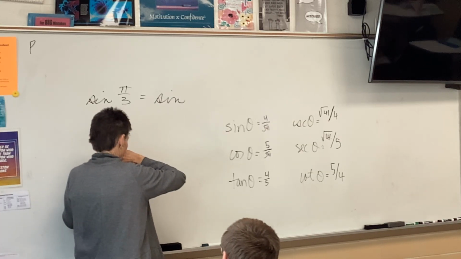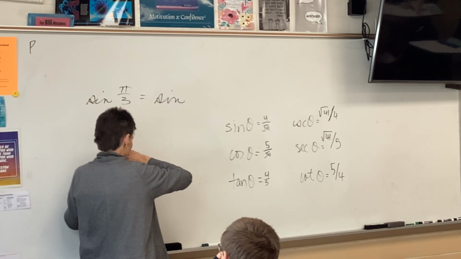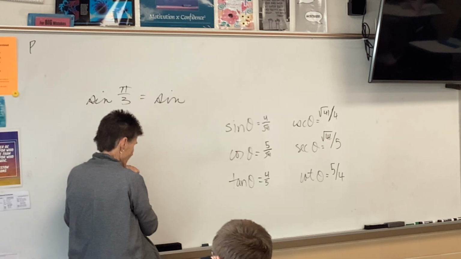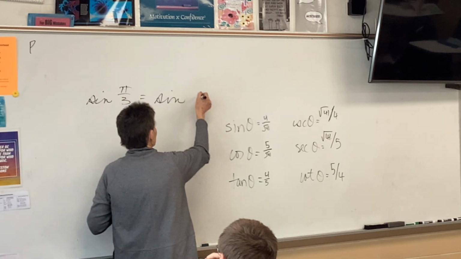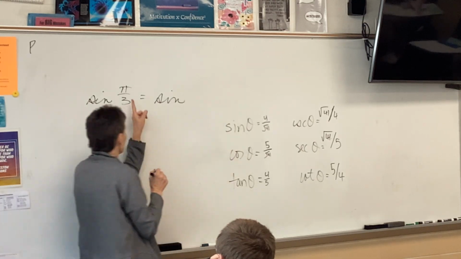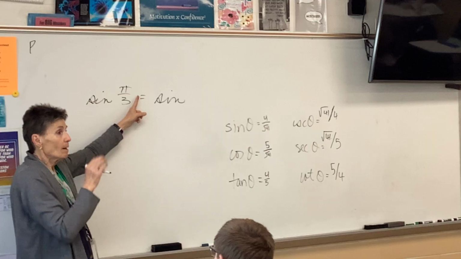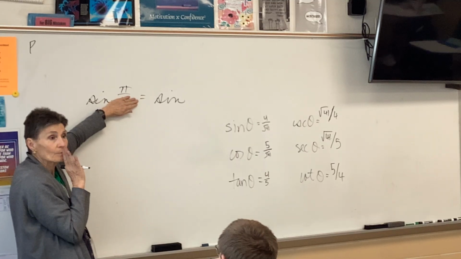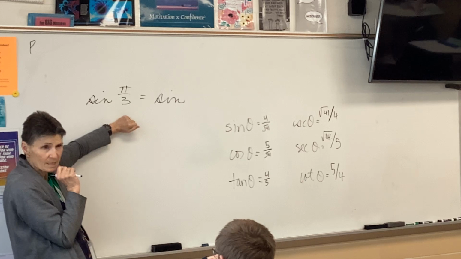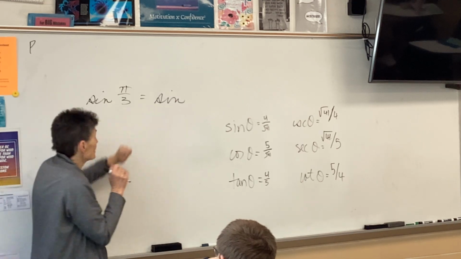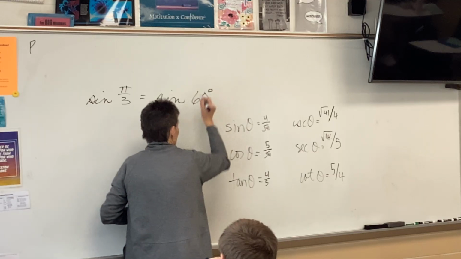You remember from yesterday, pi radians is 180. But it's divided by 3, so it will be 60. So we have a sine of 60.